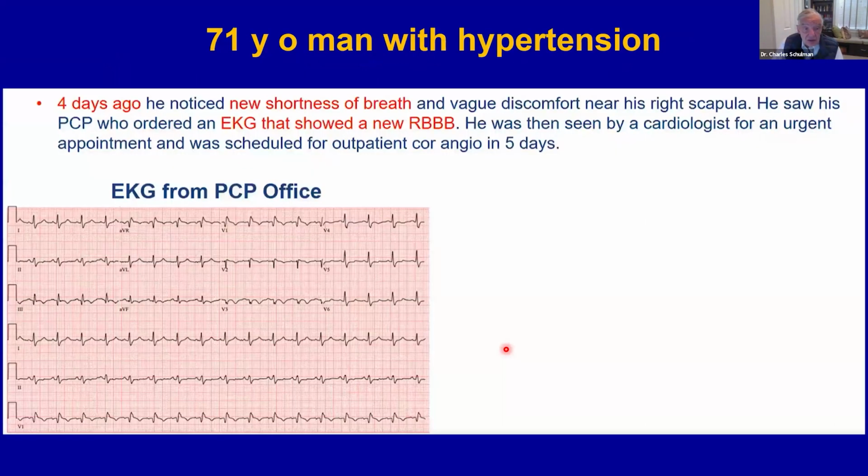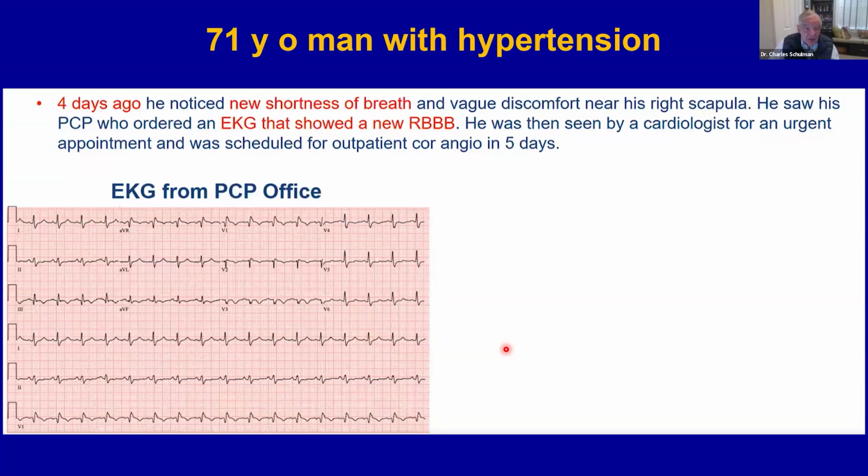Okay, here's a 71-year-old man with hypertension who noticed new shortness of breath and vague discomfort near his right scapula. Saw his PCP, who ordered an EKG that showed a new right bundle branch block. He was then seen by a cardiologist for an urgent appointment and was scheduled for a coronary angiogram.